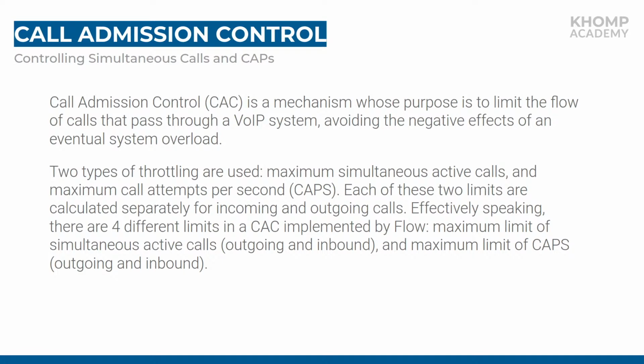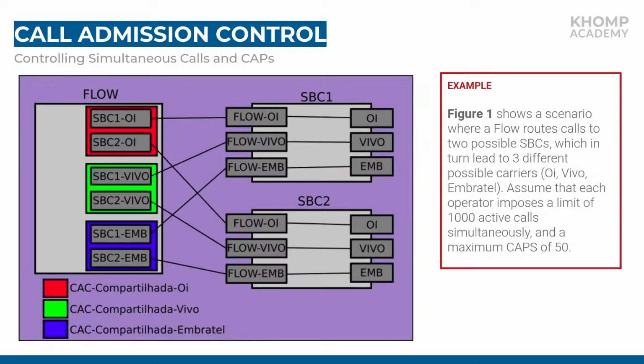outgoing and inbound. So let me explain this figure here. Each one of these boxes with colors, red, green, and blue, is a call emission control. This is a policy that was defined in our flow, and we have different SVCs with different carriers.